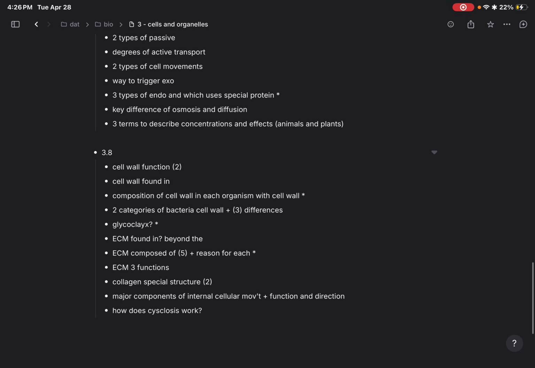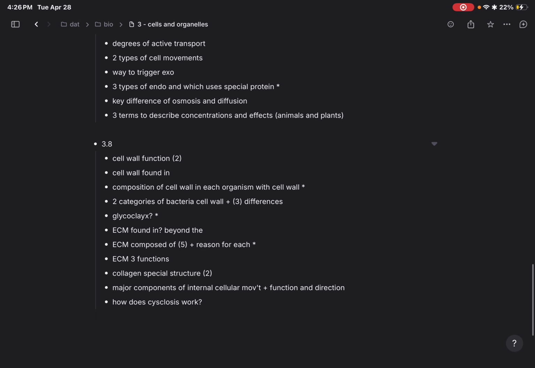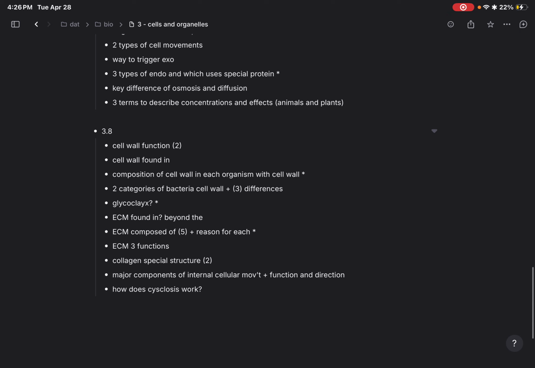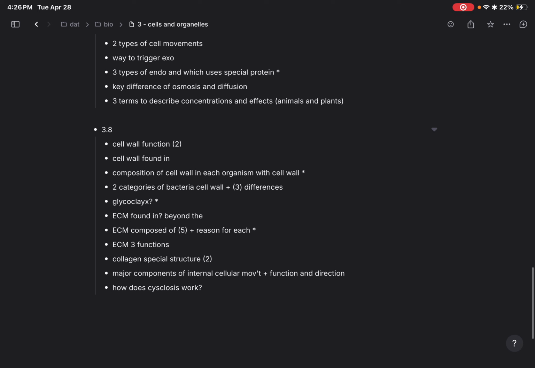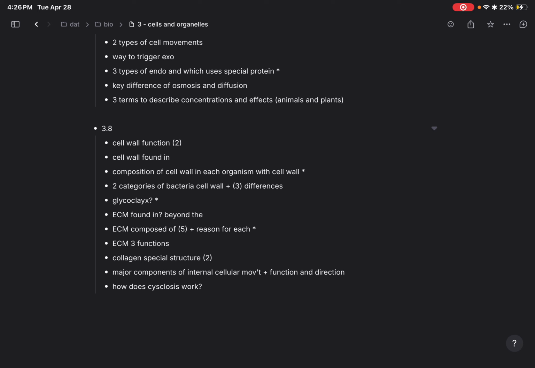Phagocytosis is when the cell extends outward using actin filaments to take something in. Pinocytosis is when you just pinch in and take it, and receptor-mediated is when you use clathrin protein bound with receptors to take specific things.